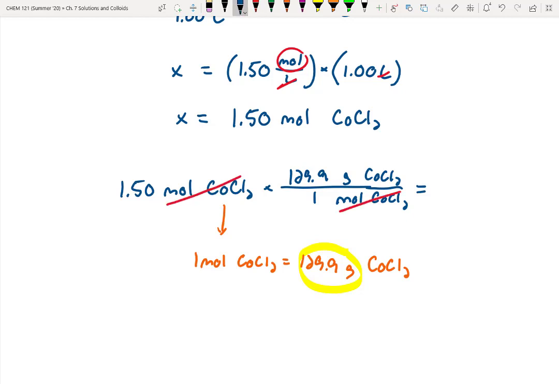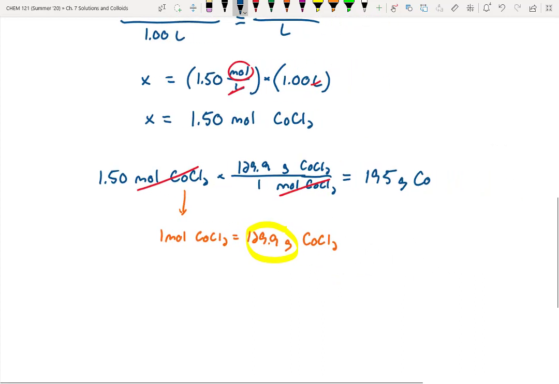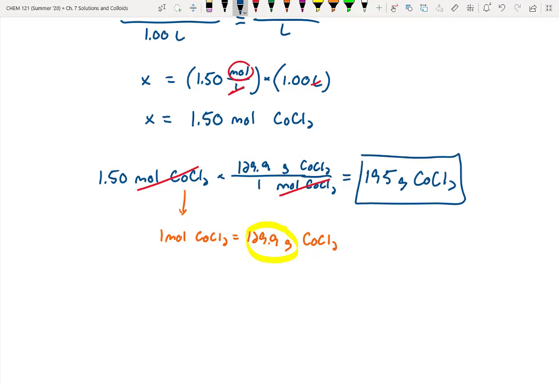So I've got 1.50 times 129.9, and I'm getting a value of 194.85 in my calculator, but I can only have 3 sig figs. So I would say we need to round up to 195 grams of cobalt II chloride. All right, so great. This is how much we need to form 1 liter of solution.